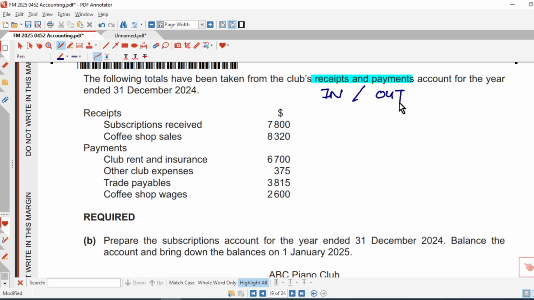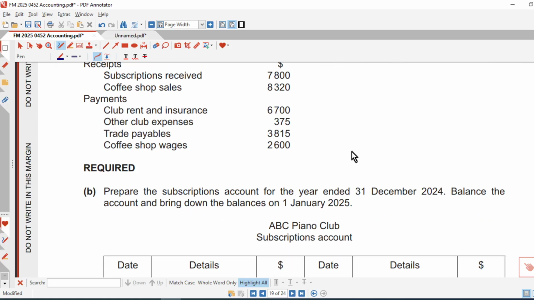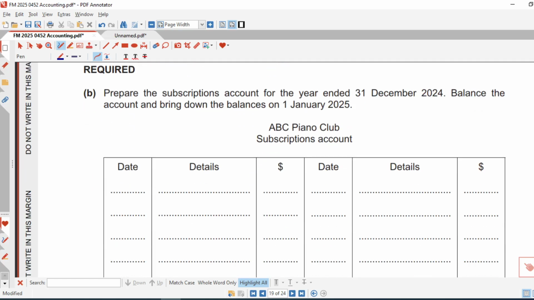Actual money paid out, actual money received in. So subscriptions received, 7,008. Coffee shop sales, 8,320. You have your club rent and insurance payment, other club expenses, payments to your payables, as well as coffee shop wages. So there we go, right?